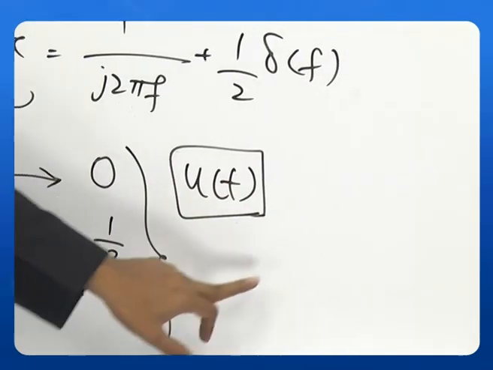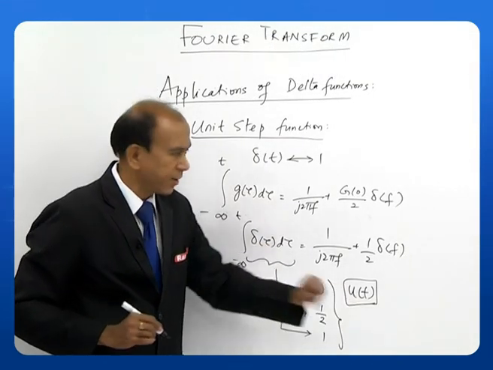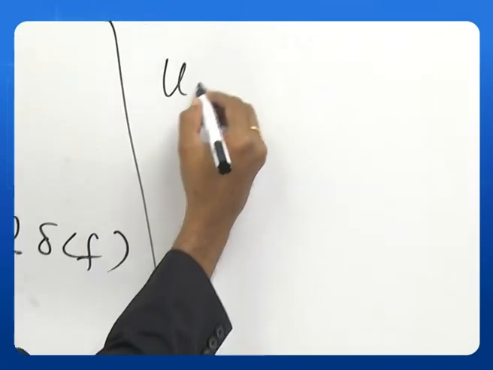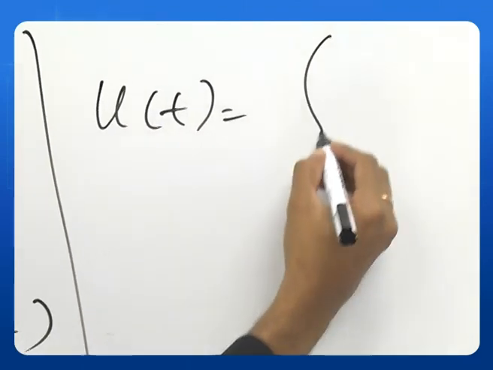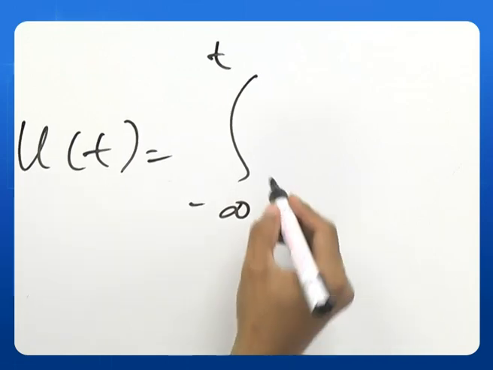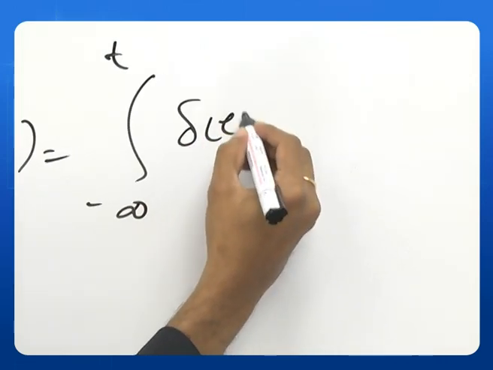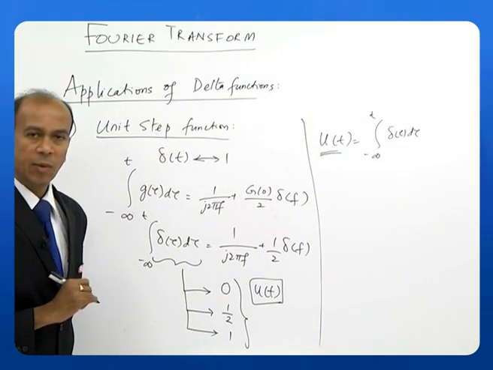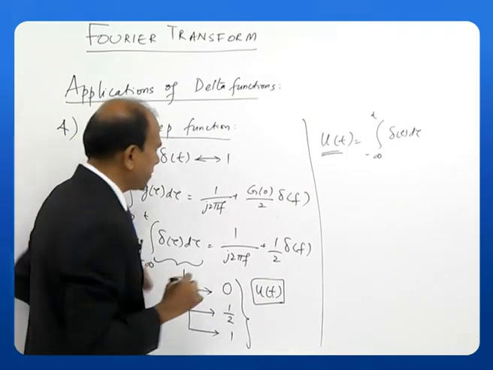So, unit step function is this, okay, that is nothing but, now what is u of t for us then? U of t is nothing but the integral from minus infinity to t of delta of tau d tau, which will give me a unit step function. Okay. So, now let us write this here. What is the unit step function now?